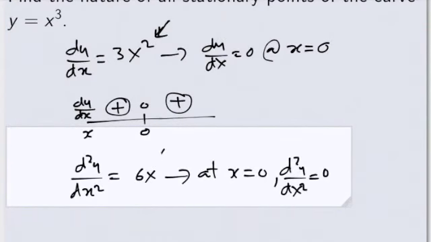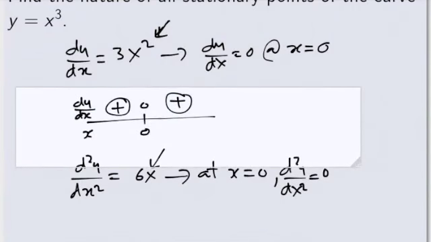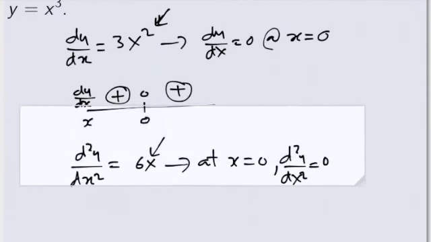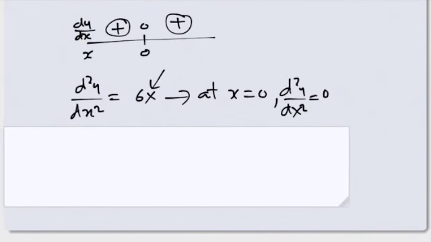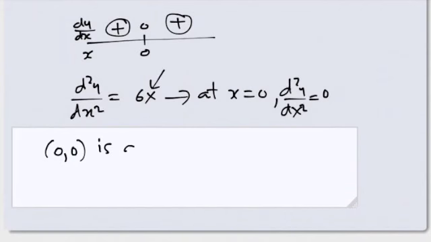If you substitute x equal to 0 in here, we obtain the second derivative equal to 0. So clearly x equal to 0 is a point of inflection, and when x equal to 0, y is also 0. So we could write (0, 0) is a point of inflection.